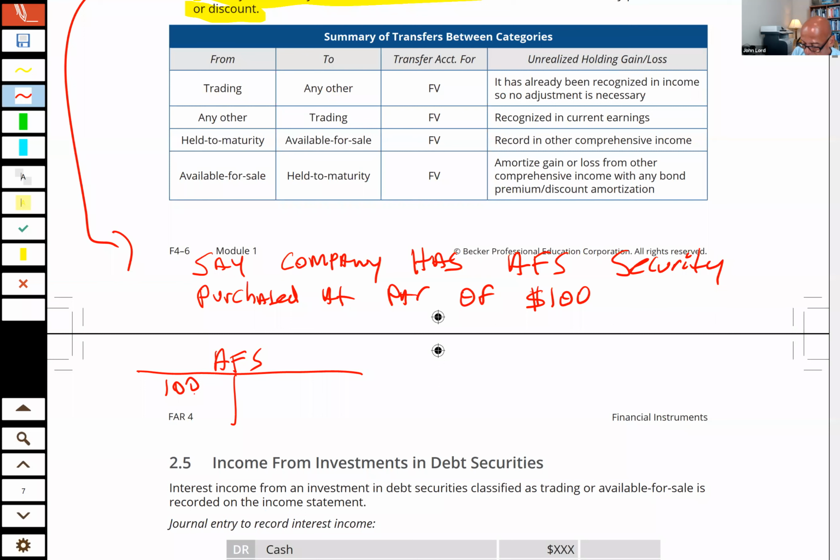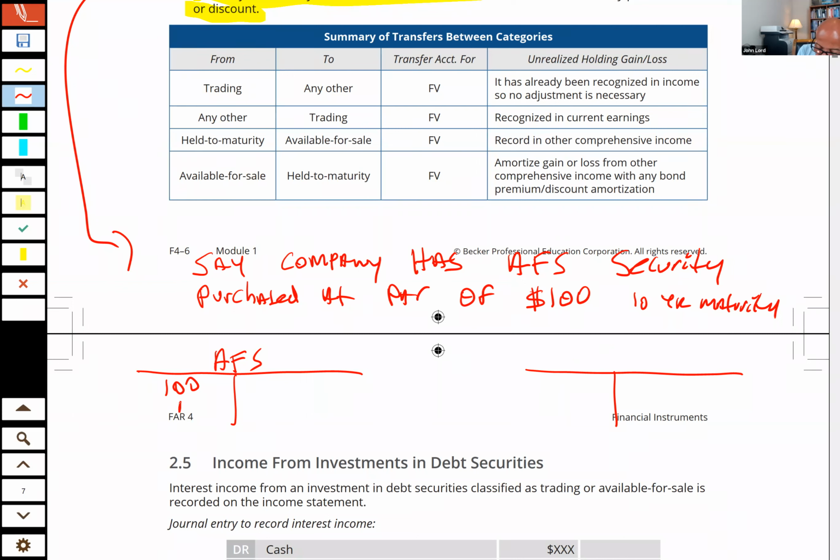And they just carried it there, but because it was an available for sale security, let's say over some time that they held the security, say it's a 10-year maturity, for the first 5 years, it gains in value. Okay, and it gains $10 in value.